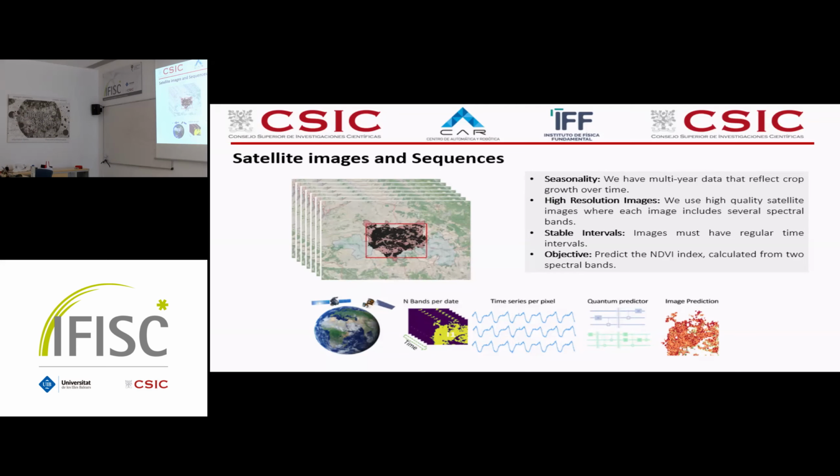It is important to get stable intervals to get good lags between the elements, because if we don't have it, then we can't capture the temporal pattern. The objective was to predict the NDVI index, which is the vegetation index, and it can be seen like this.